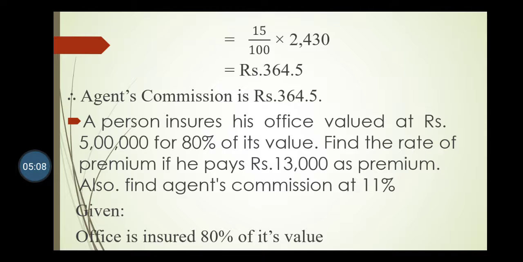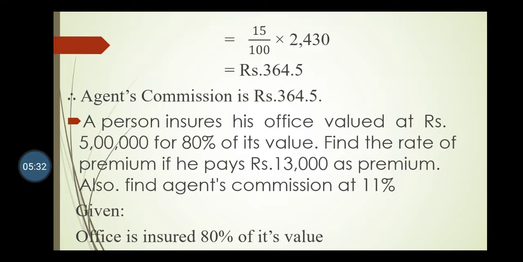Okay. Next, a person insures his office valued at rupees 5 lakh for 80% of its value. Find the rate of premium if he pays rupees 13,000 as premium. Also find the agent's commission at 11%.